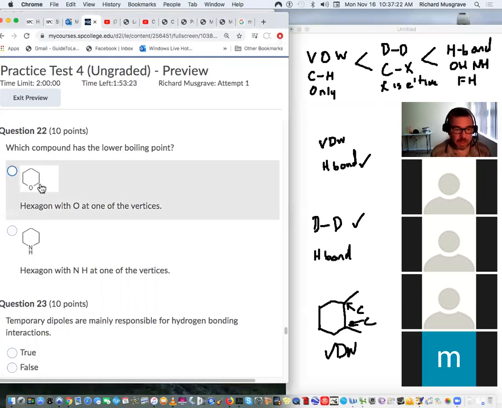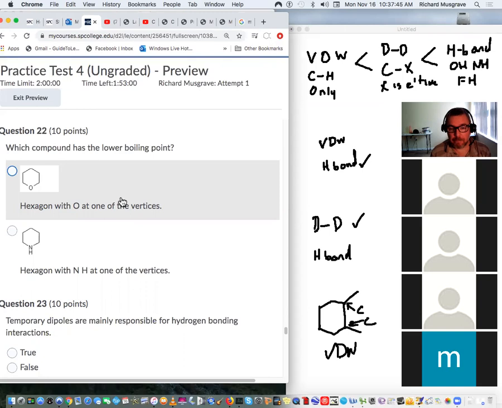And you can see this does have CX bonds in it, CO bonds. You'll notice there's no OH, NH, or FH in that top diagram. Are you with me on that? So even just by process of elimination, you can figure out that it's dipole-dipole.